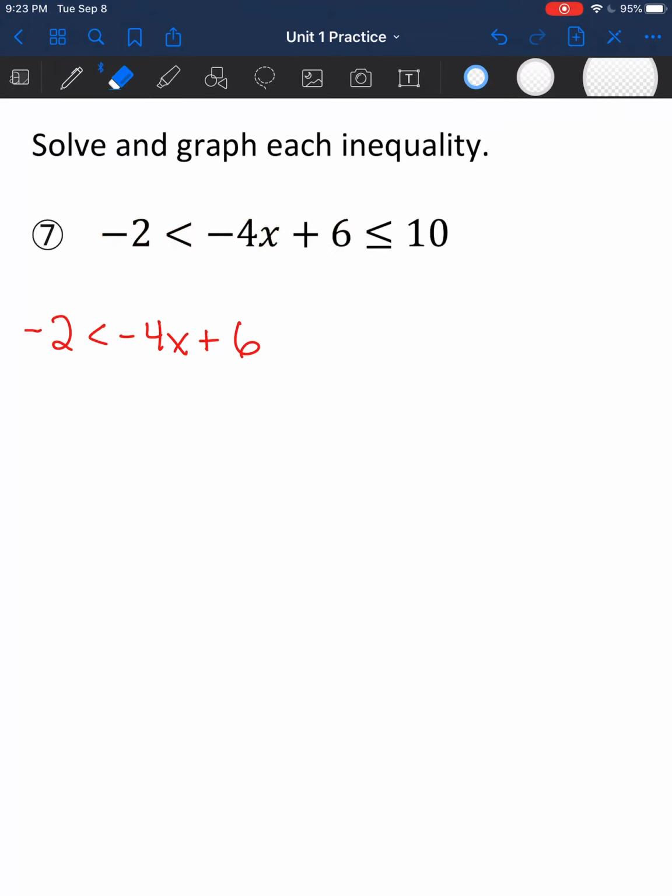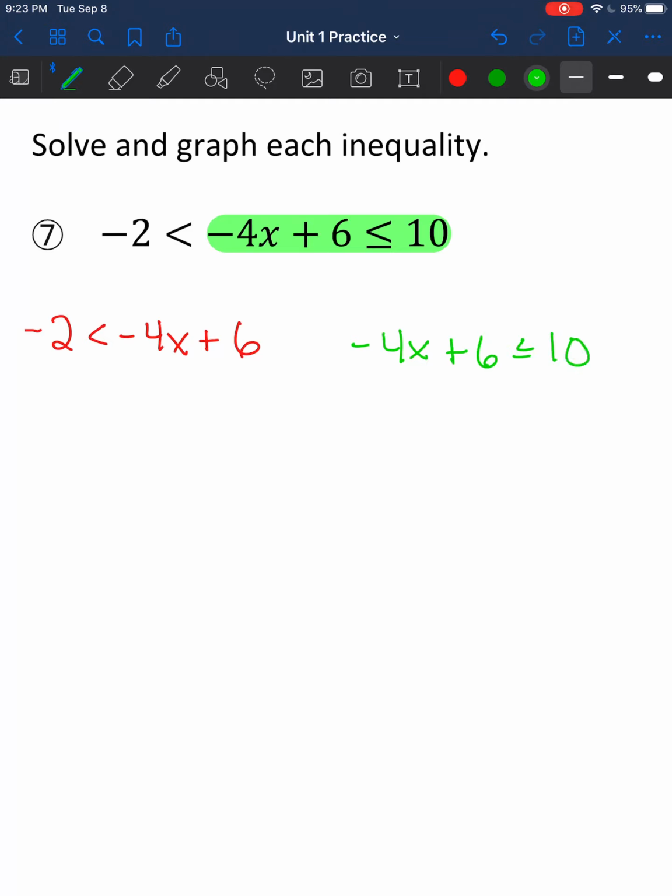Now, I'm going to write the right side of the inequality, which says negative 4x plus 6 is less than or equal to 10. I'm going to solve both of these inequalities.